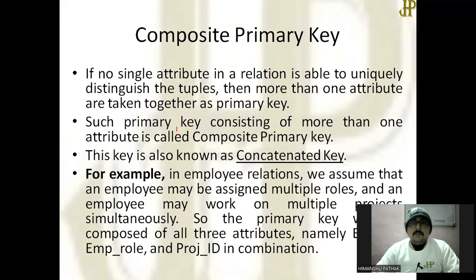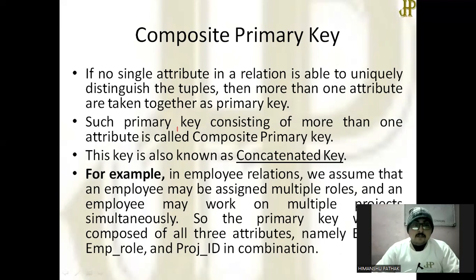Now, what is a composite primary key, or you can say a composite key? Sometimes there is a situation where with the help of only one column, we cannot uniquely identify each and every row of the table. So we need more than one column to identify or to fetch data uniquely.